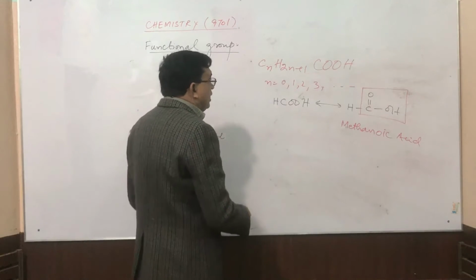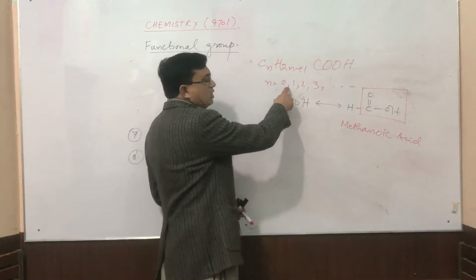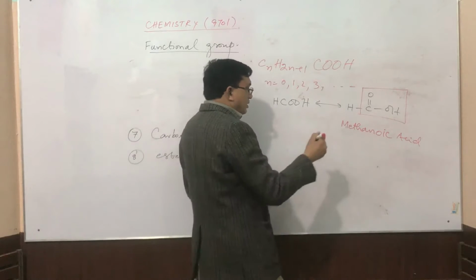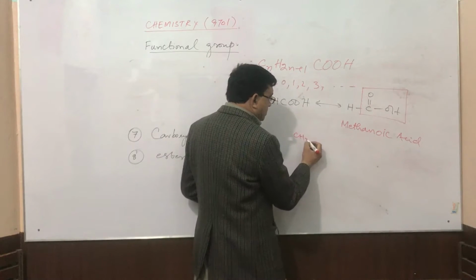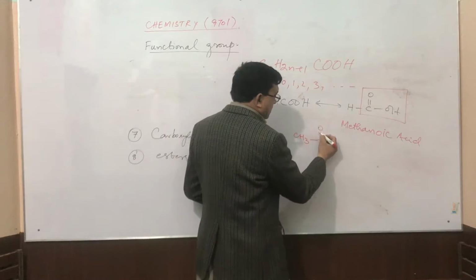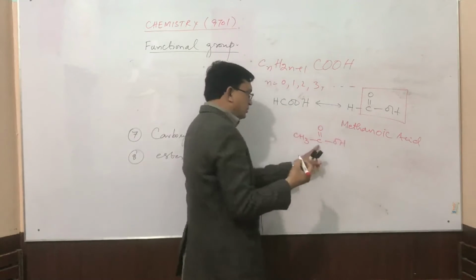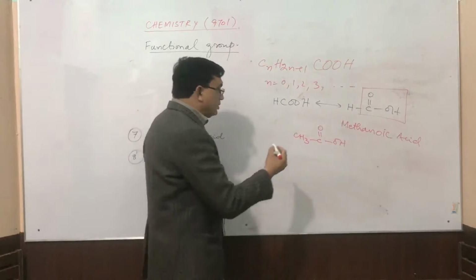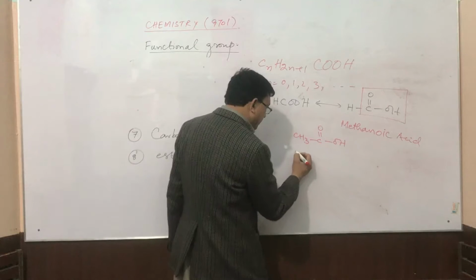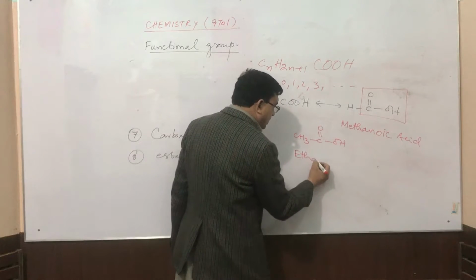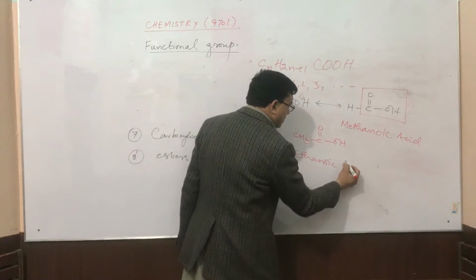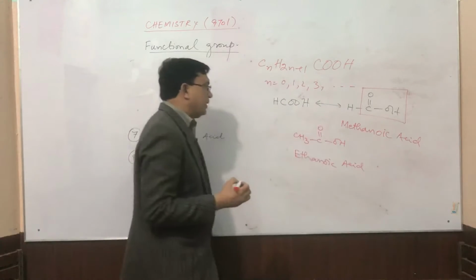Methanoic acid. If I put n equal to 1, then the formula will become just like this. As this will contain 2 carbon atoms, this will be called ethanoic acid.